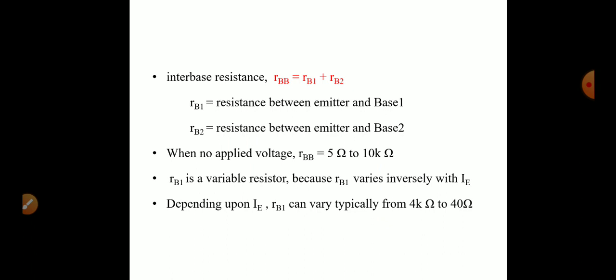Depending upon IE, RB1 can vary typically from 4 k ohm to 40 ohm. That means its internal resistance RB1 varies from a higher value to a lower value. A higher value means a large voltage drop across RB1, and a lower value means a low voltage drop across RB1. So the internal resistance RB1 varies from 4 k ohm to 40 ohm.